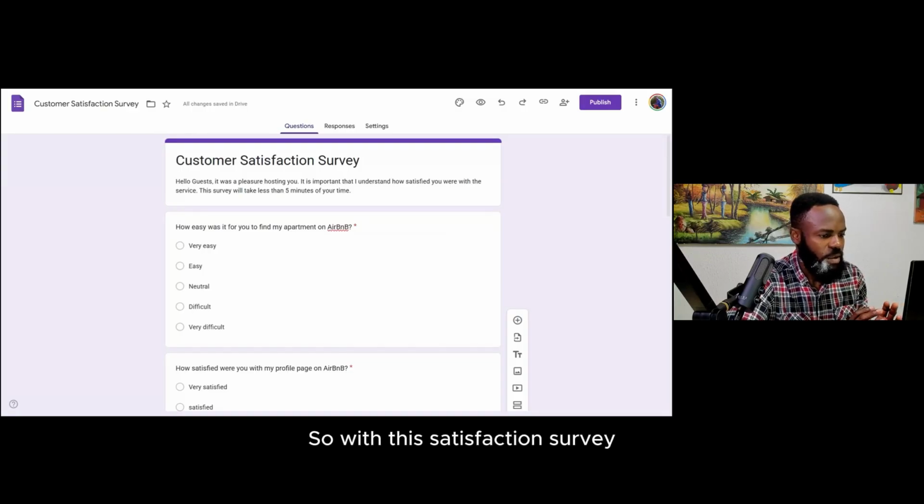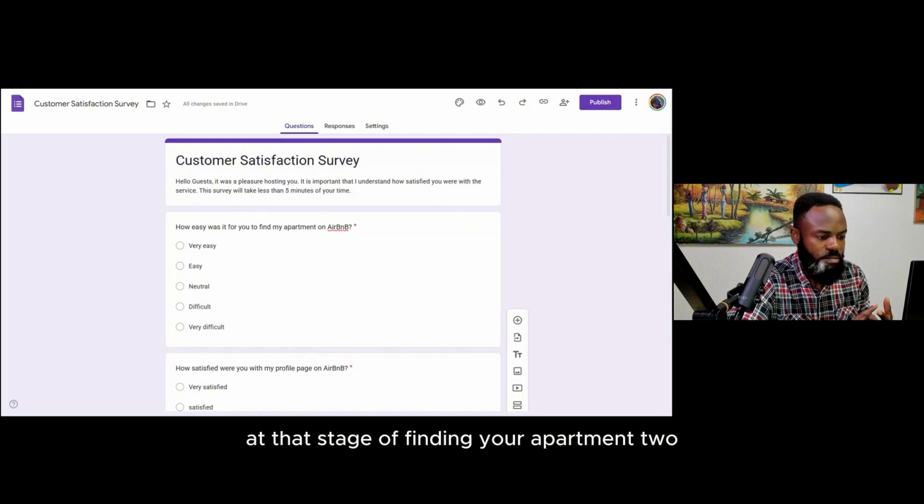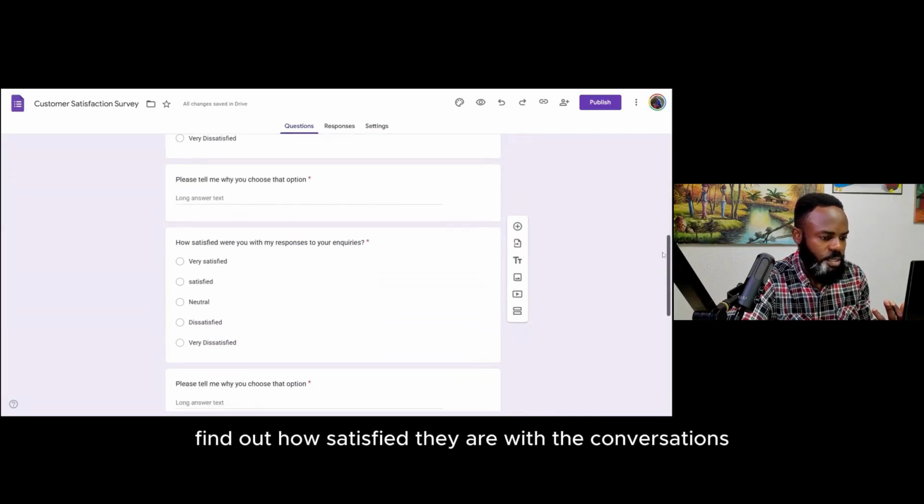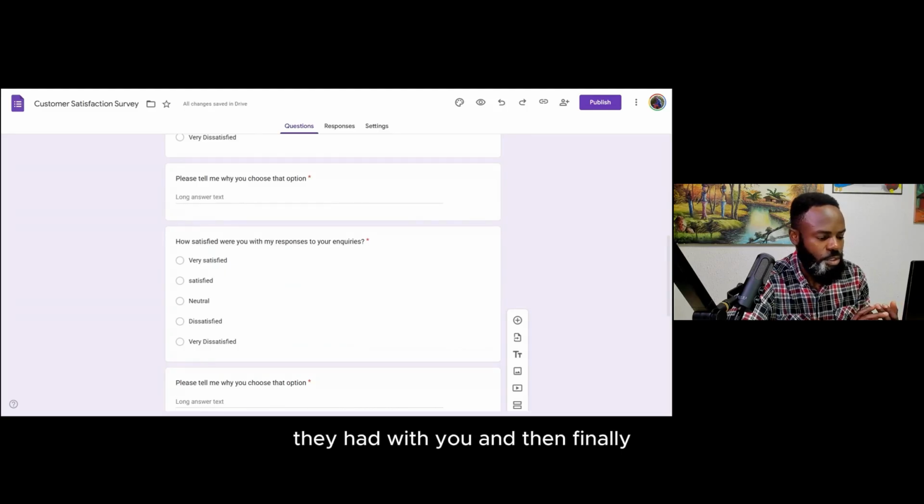So with this satisfaction survey and the questions we have here, we should be able to identify 1 touch point, which is awareness, at that stage of finding your apartment. 2, find out the satisfaction quotient for how they interacted with your profile page. Find out how satisfied they are with the conversations they had with you.